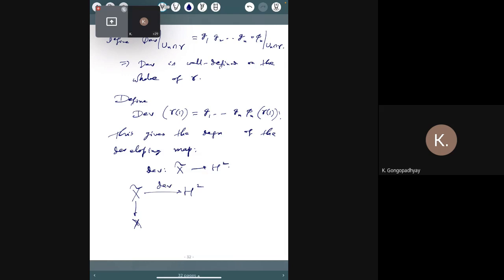And we know that in covering space theory, when you have any map from the universal cover to a simply connected space, you can think of it by lifting properties that it induces a map from X to H2 as well. And that gives you the developing map for a non-simply connected manifold. All right. So this gives you the construction of a developing map.